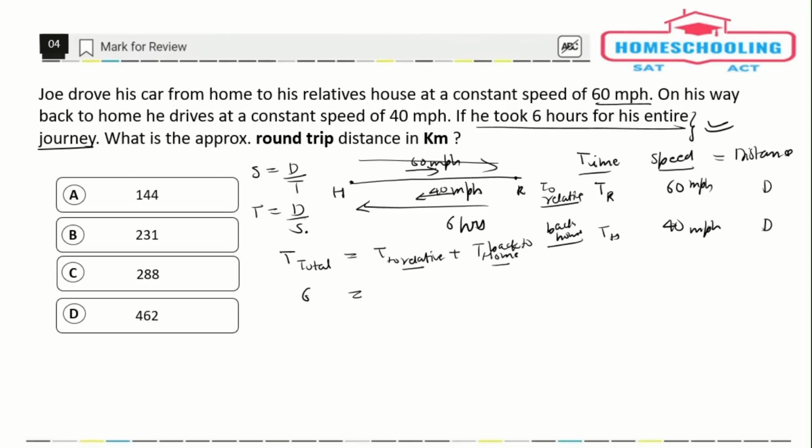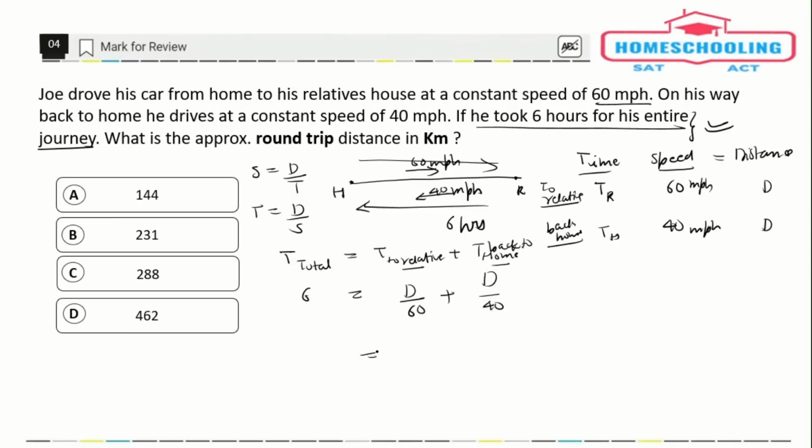T is equal to d by s. For the relative's house, the speed is 60 miles per hour. Now time for back to home: time is distance upon speed, so the distance is d and the speed was 40.